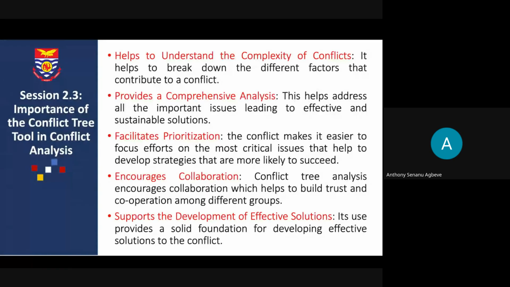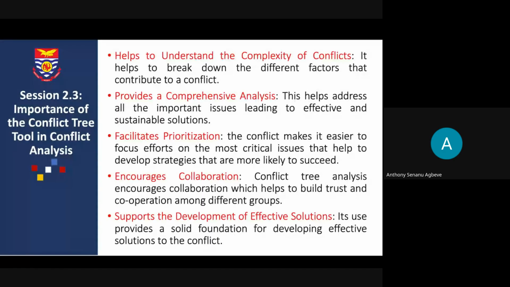And then it also helps us to facilitate prioritization. Just like I mentioned, we prioritize the major issues so that we deal with those first before we tackle the minor ones.